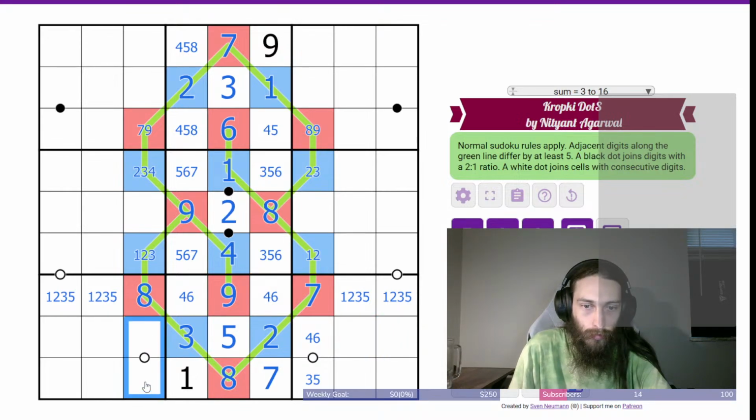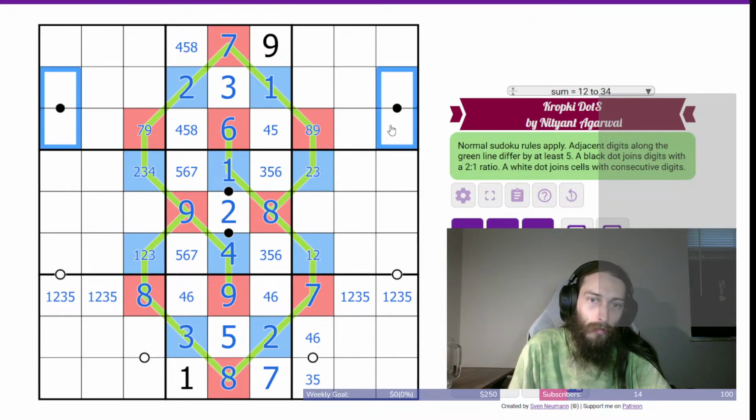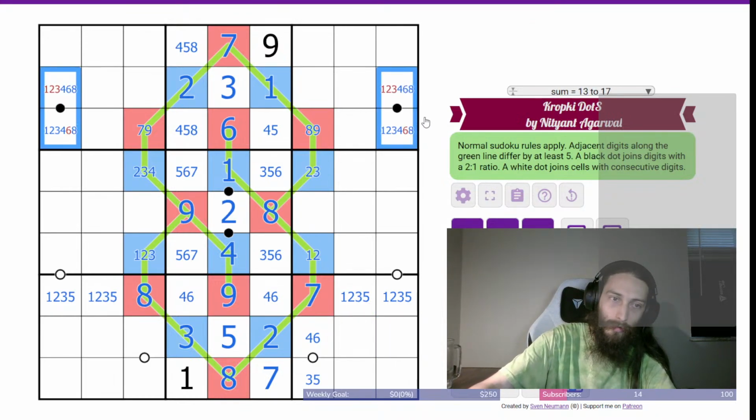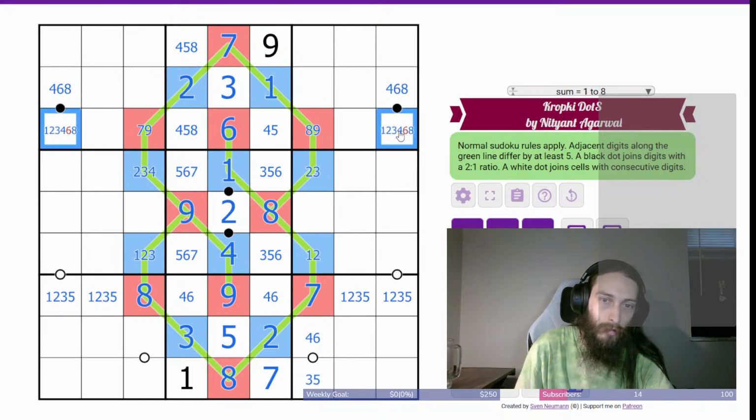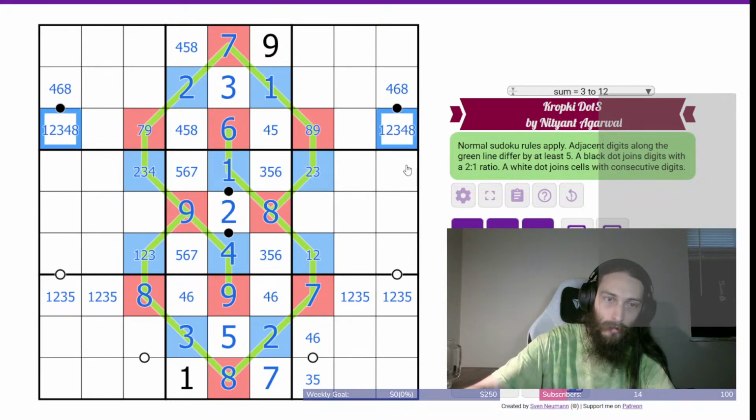And we don't have a similar amount going on over here. I guess I should go ahead and fill in these. 1, 2, 3, 4, 6, and 8. Where the top can't be 1, 2, or 3. The bottom can't be a 6.